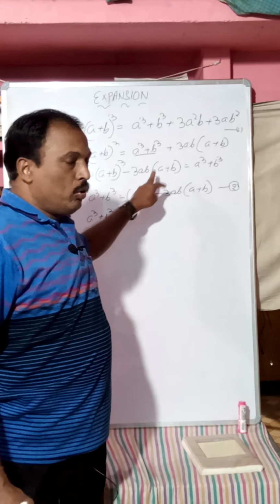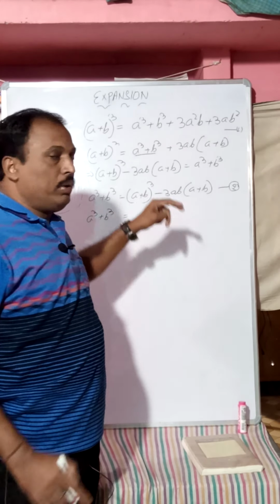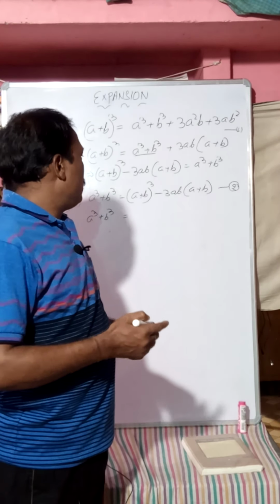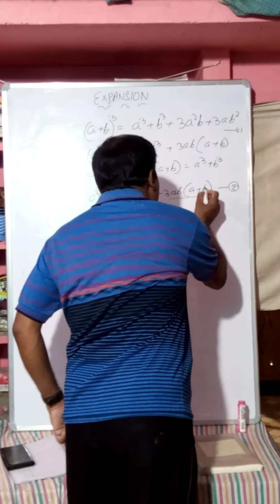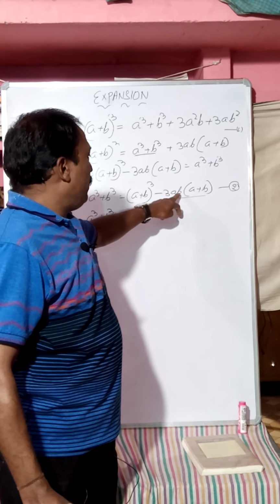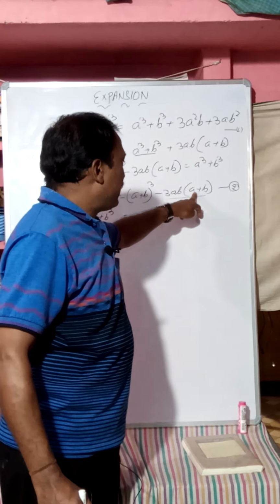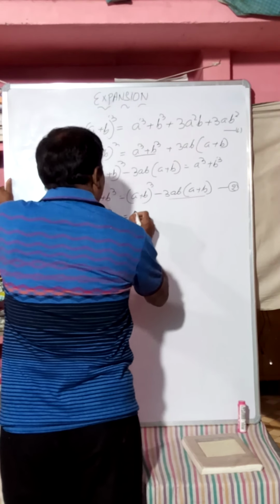(a plus b) whole cube means there are 3 factors: (a plus b) into (a plus b) into (a plus b). In this term, 3 is a factor, a is a factor, b is a factor, and another factor is (a plus b). So (a plus b) is a common factor.